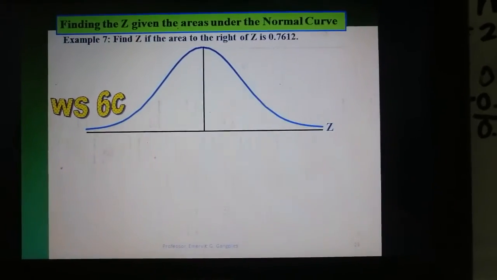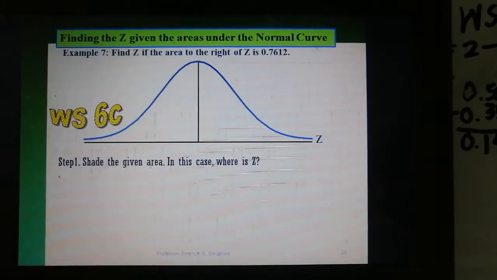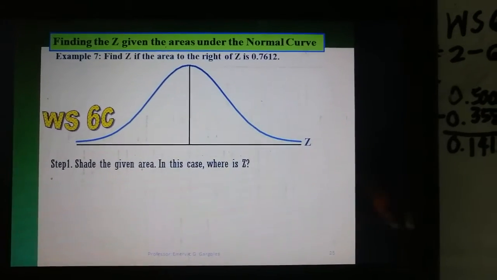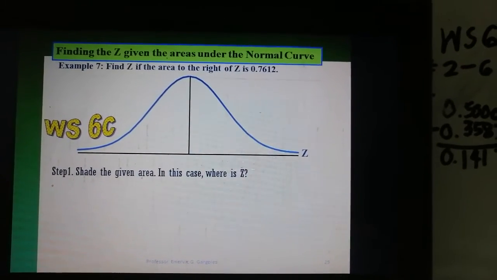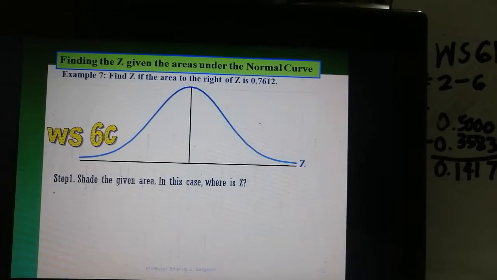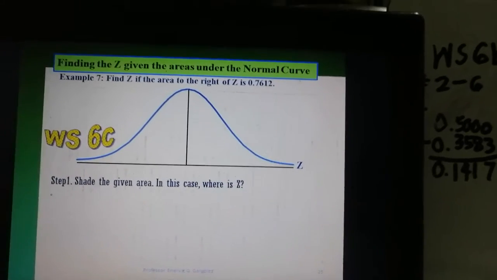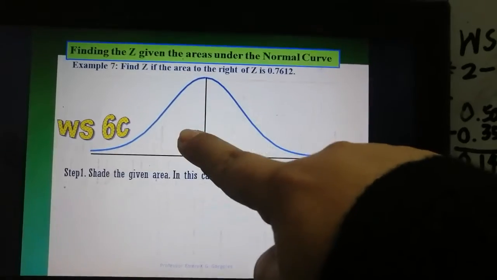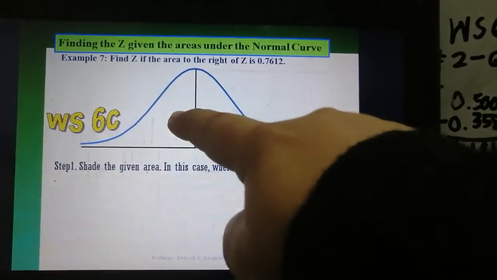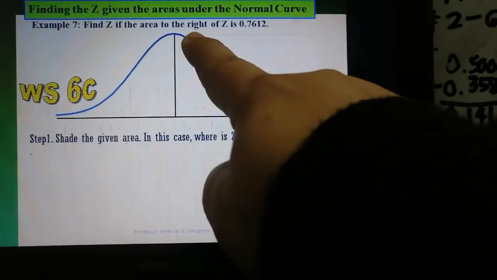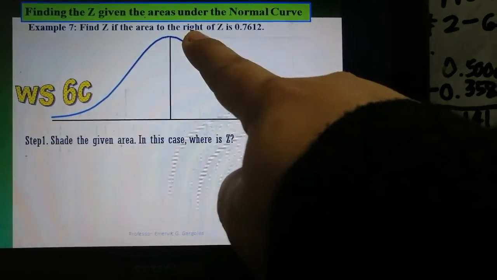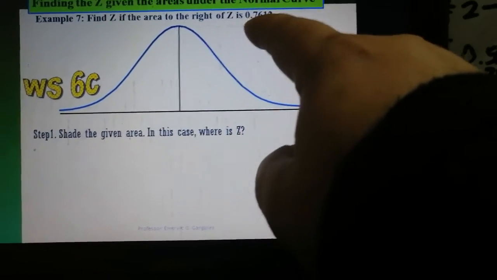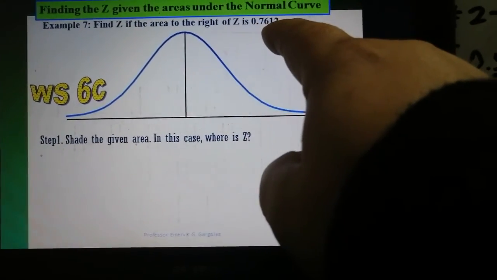I have here another example if you want. Find z such that the area to the right of z is 0.7612. Question: where do you start shading, from the right tail or left tail? Right, because it's in the problem. Look at the area, 0.7612.